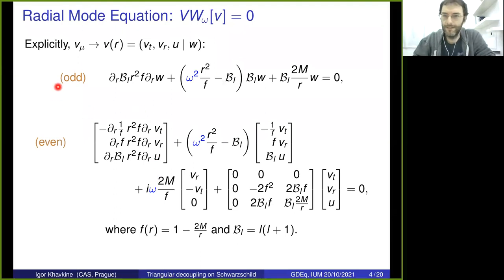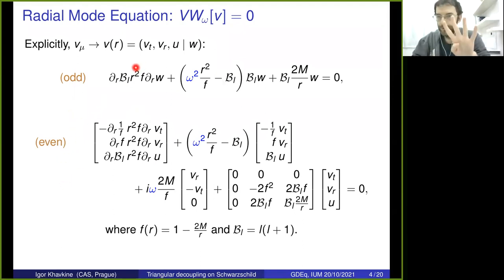There's some technical thing that allows us to separate the modes into two sectors, the odd and even sectors. The odd sector is usually simpler, and the two sectors are decoupled from each other. So I always present the radial mode equation separately for each sector.